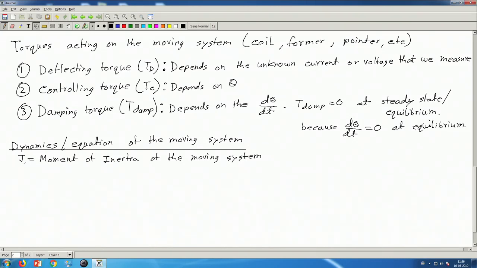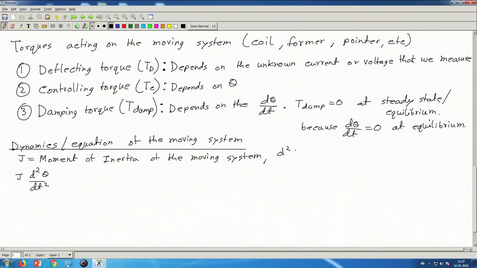So, therefore, we can write J, that means the inertia, multiplied by the angular acceleration. So this is moment of inertia, this is angular acceleration.